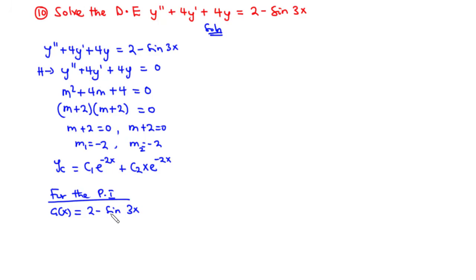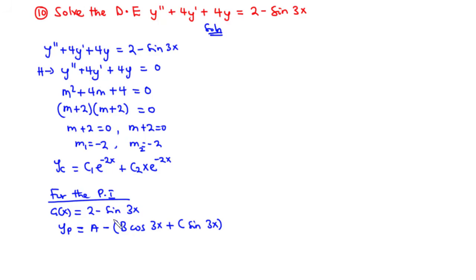Now you notice that here we have a constant and a sine function. So we have the particular integral yp equal to a, since here we have a constant, so we are going to take care of the constant. Now since you don't have sin 3x in the complementary function, you have b cos 3x + c sin 3x.